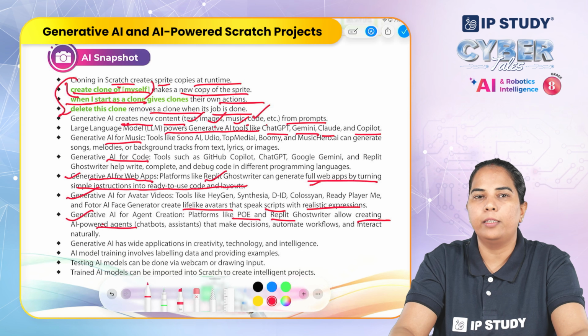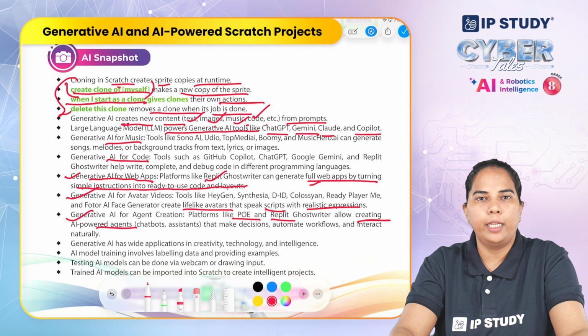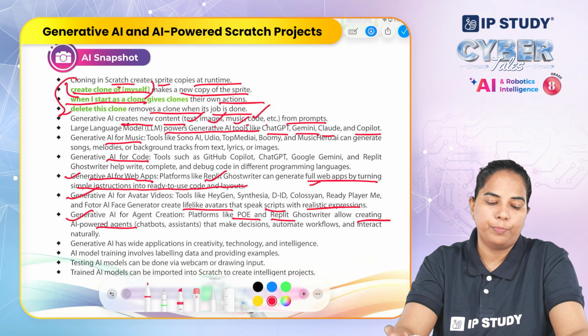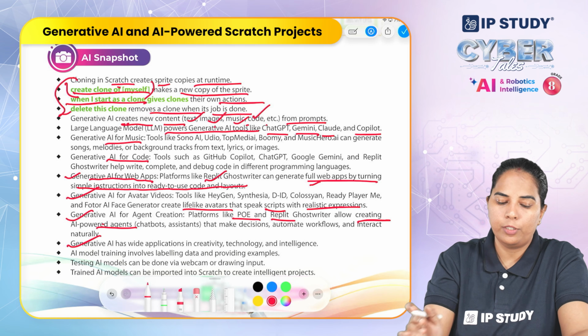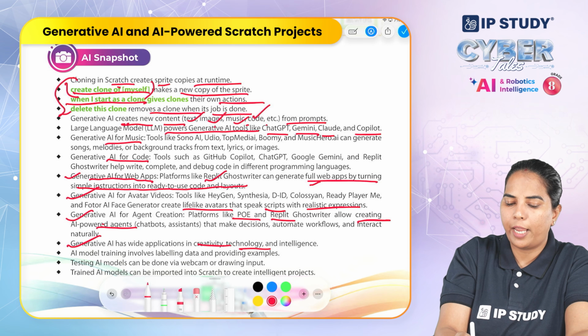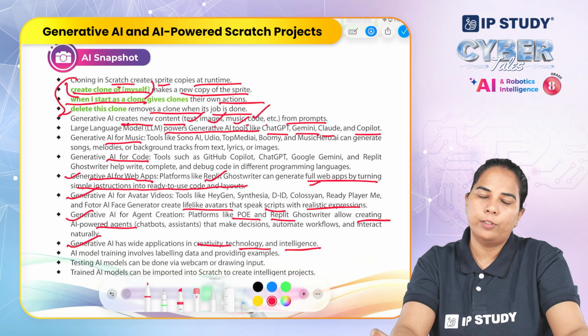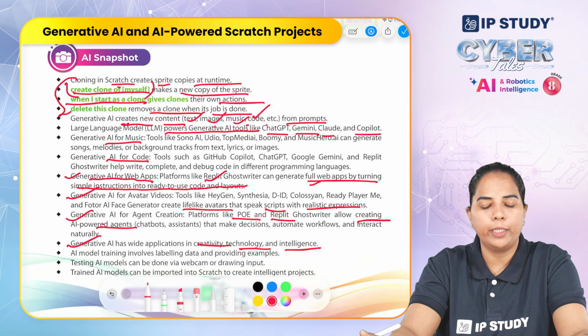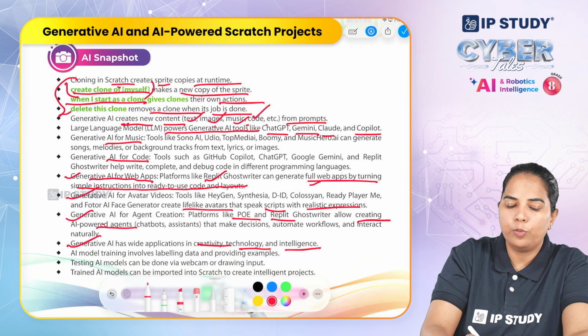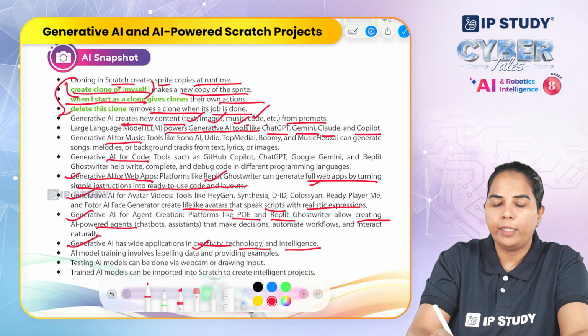We have created our own AI agent in these apps. Generative AI has wide applications in creativity, technology, and intelligence. We have seen that generative AI is not limited to only technology, it can be used in creativity and intelligence also.